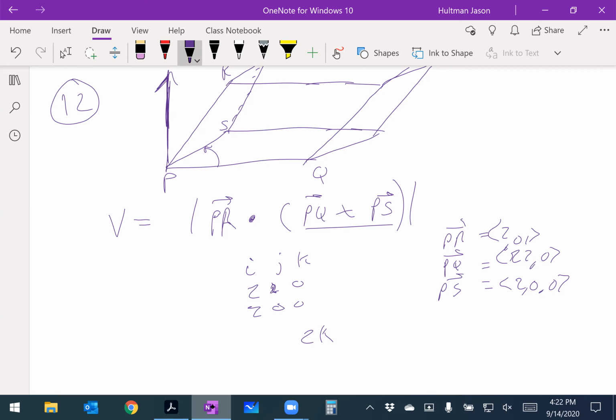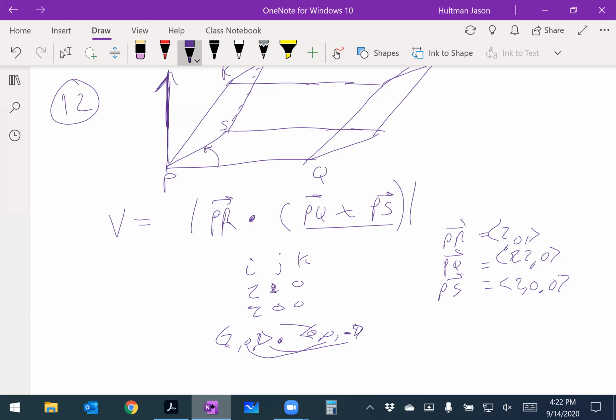So that's with the cross product, and then you're going to dot that with PR. Well, PR is 2, 0, 1. We'll say that this is 0, 0, 2, and dot that with 2, 0, 1. Actually, it's not, because it's -4.